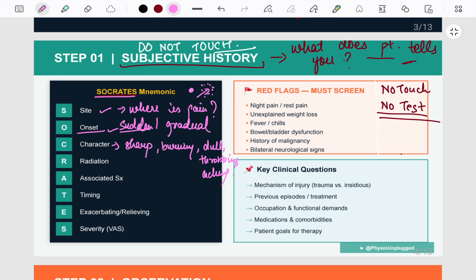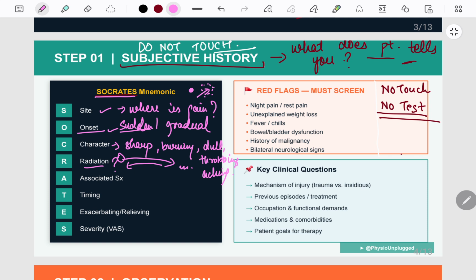Then comes the radiation. Radiation means, does the pain travel anywhere? Like if a patient has a pain in the neck, is the pain traveling from the neck to somewhere else, like the arm? So is the pain starting from somewhere and then going somewhere else? This is known as radiation.